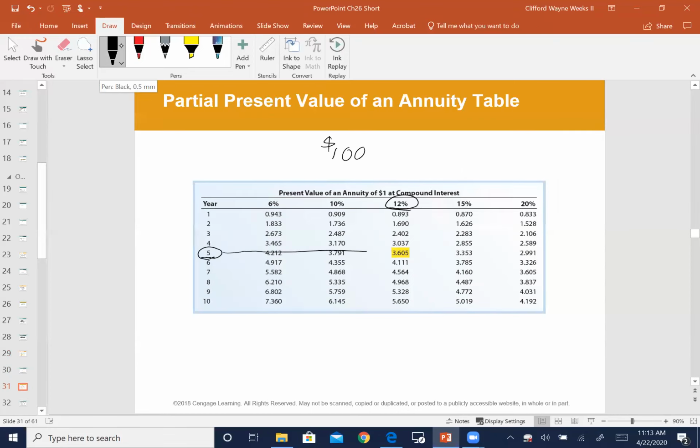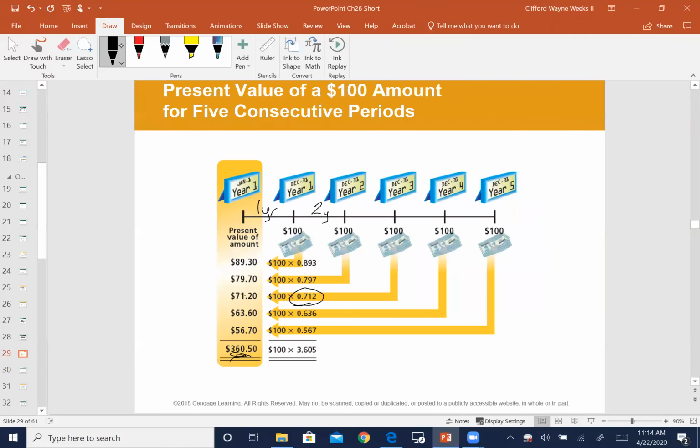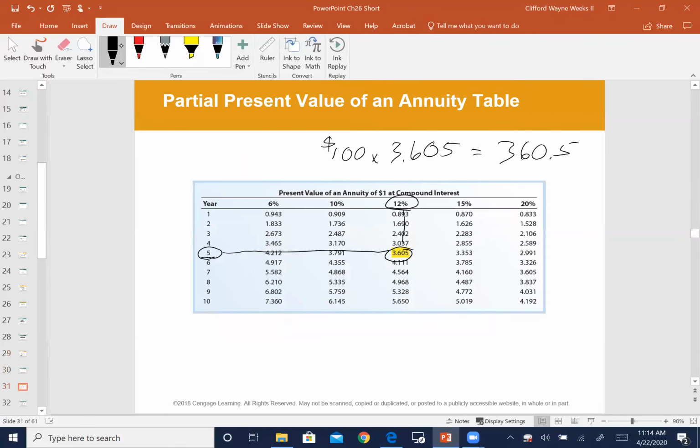And we come up with this present value of an ordinary annuity for 12I and 5N. And if we multiply this times this 3.605, we come up with that 360 that we did over here. Make sense? It's just a quicker way.